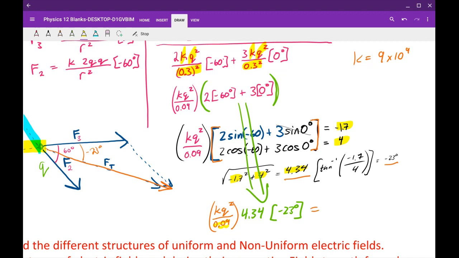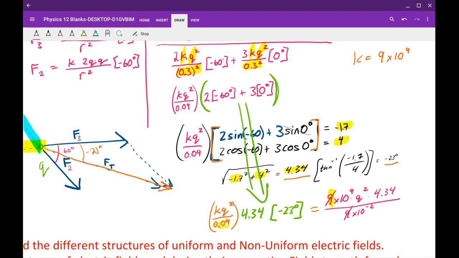I'm going to cancel my 9s. Here, I'm going to write this down. It's 9 times 10 to the 9 times Q squared times 4.34 over 9 times 10 to the negative 2. As it turns out, that 9 and that 9 cancel.